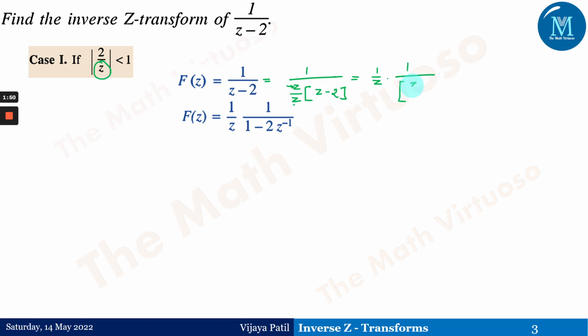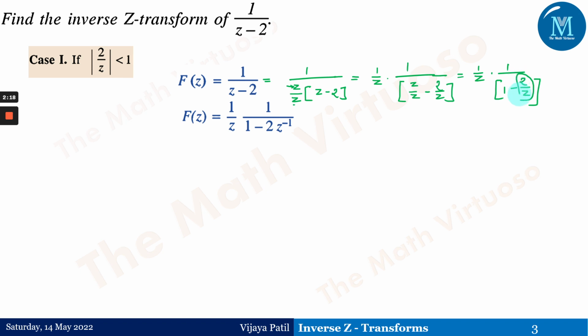That gives us z by z minus 2 by z, or you can check it as 1 by z into 1 upon 1 minus 2 by z. This is what we wanted, because we have been given mod of 2 by z, so we should have this particular function in the picture. Then only it is easy for us to understand.